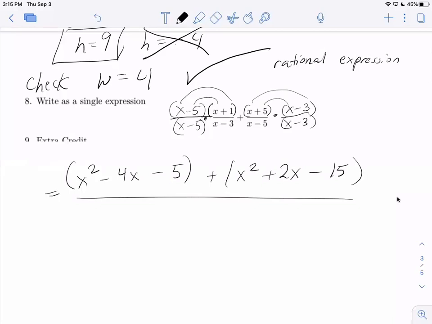And on the bottom, I have x minus 5 times x minus 3. And I know that that's going to come out to be x squared, and then minus 5x minus 3x, that's going to be minus 8x plus 15.